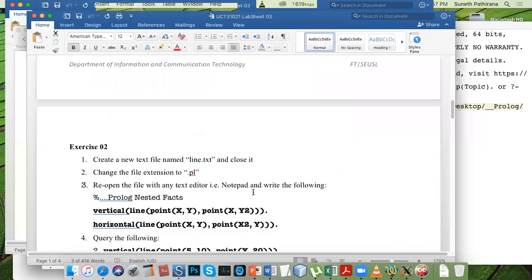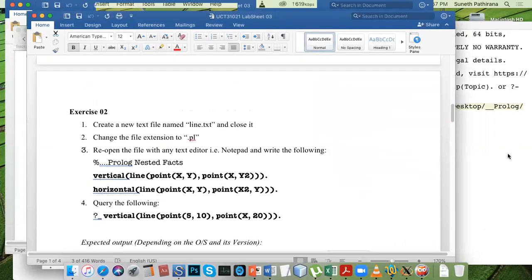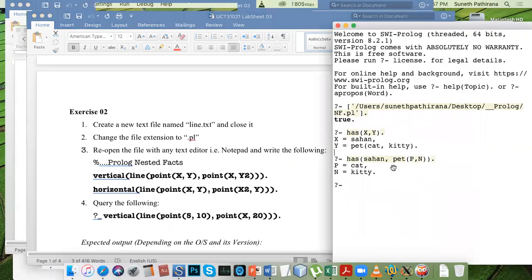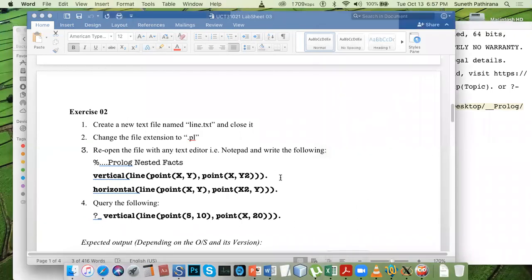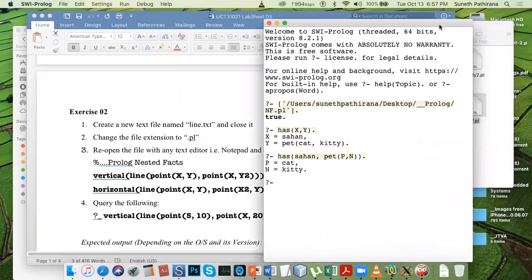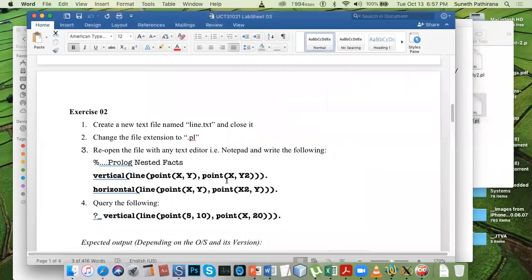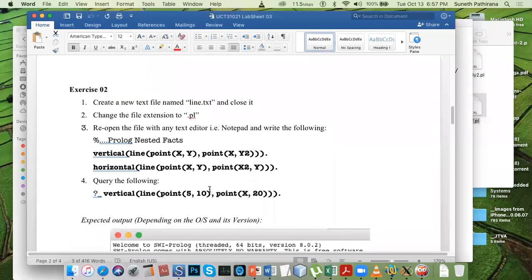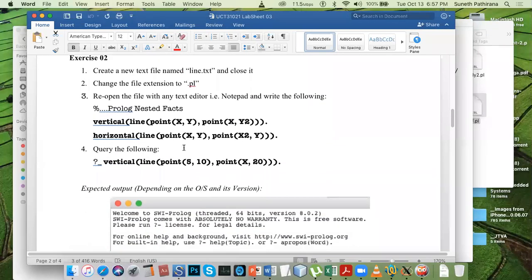Okay, I think I'm a bit tired now. We will stop for today. So you can try out this. This is having a similar pattern. We have to define the vertical points of a line and the horizontal points of a line.